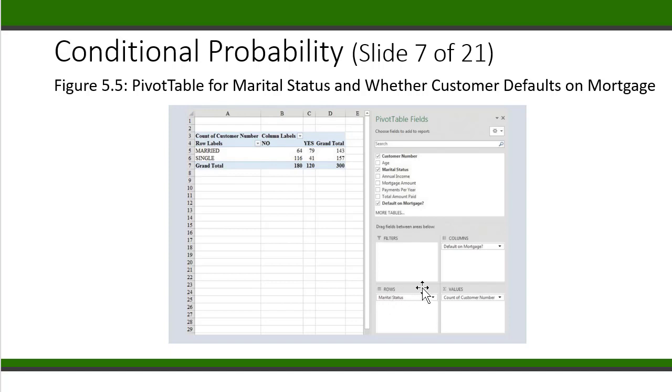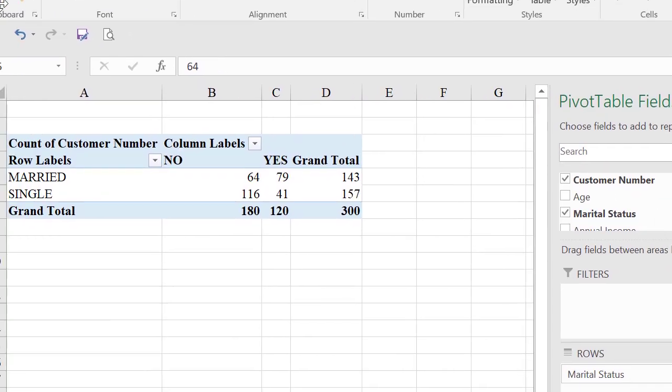Notice marital status is in the rows, we've got the default on mortgages in the columns, and then we're counting the numbers here. So I've got the same answer here.